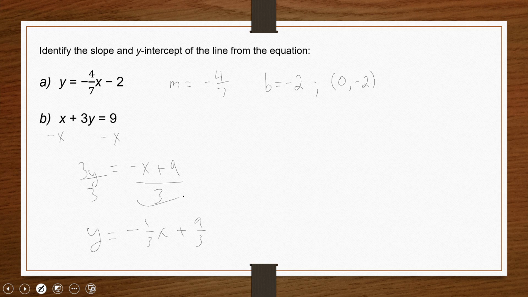I'm basically breaking the fraction apart by dividing both numerator terms by 3. So -1x divided by 3 is the same as -1/3 x, and 9 divided by 3 simplifies even further. So I could really say this is -1/3 x plus 3. And that would be an easier way to then identify what the slope and intercept happen to be.